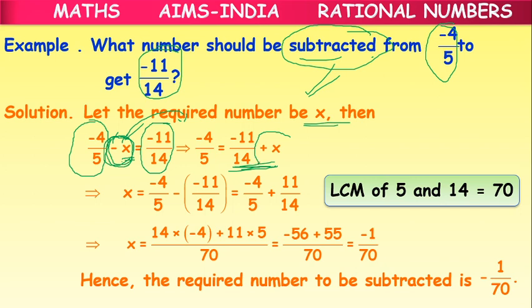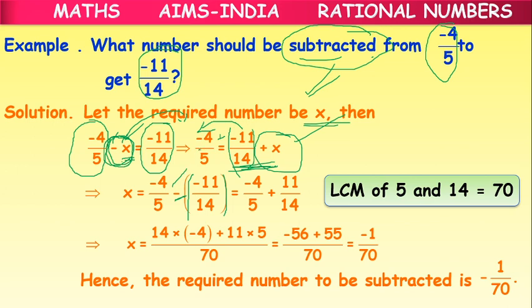Now the required value x has a positive symbol. Now this minus 4 by 5 will be taken to the right hand side. If it has a positive symbol, after changing to the right hand side it will get a negative sign.